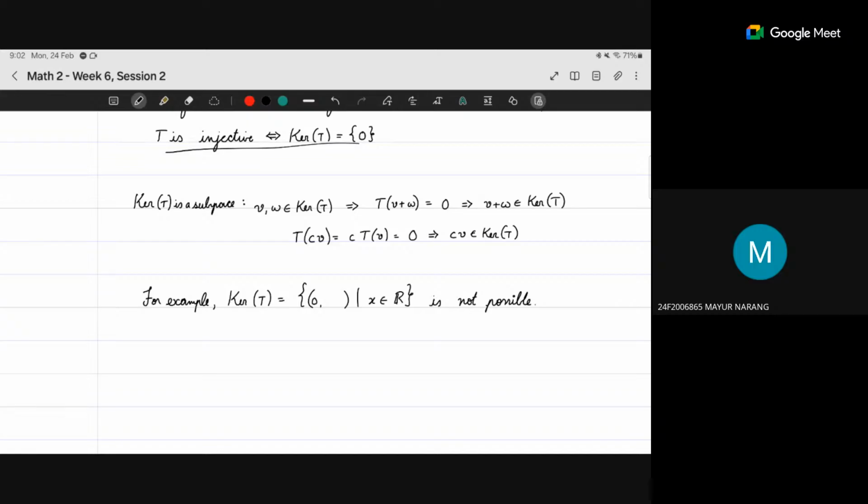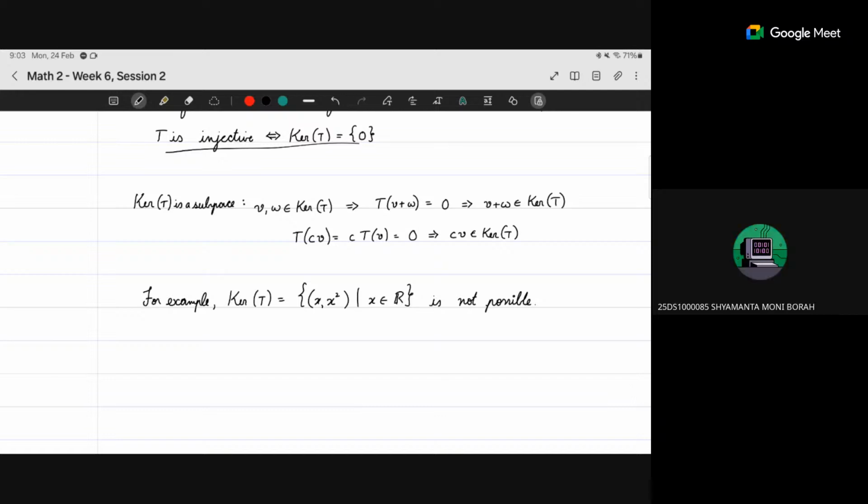Not necessarily, as you could have something like x comma x. This is also fine. But things like x comma x plus 1 cannot happen, because then again 0, 0 is not there. Or if you take x comma x square, this cannot happen, because even though 0, 0 is there in this set, it is not a linear subspace.